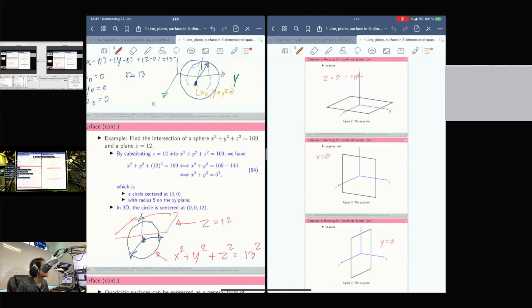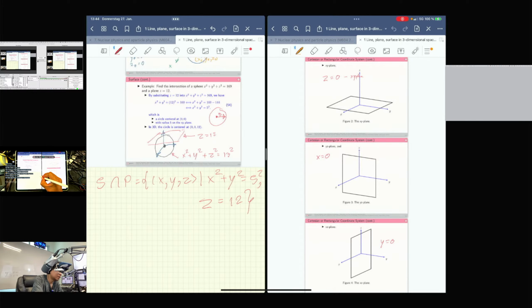It's the intersection result of the sphere and the plane: the coordinates x, y, z, given x squared plus y squared equals 5 squared and z equals 12.